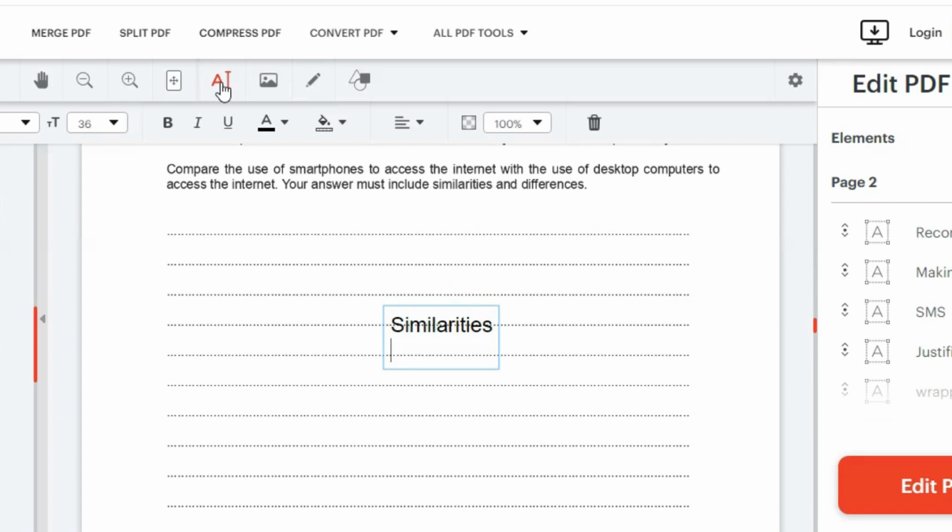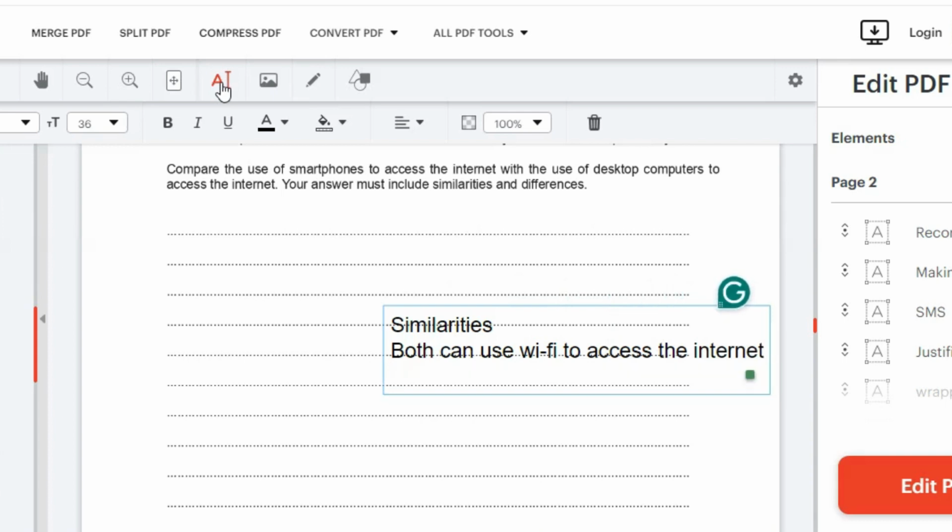Both a smartphone and desktop computer can use Wi-Fi to access the internet. Okay, so that's one similarity. Give me another one.